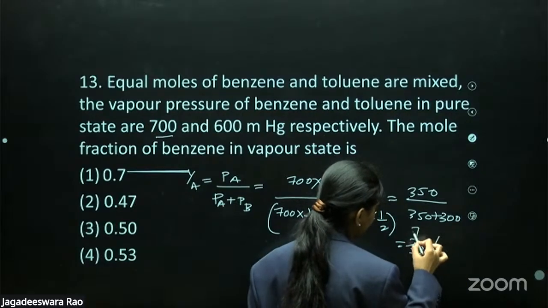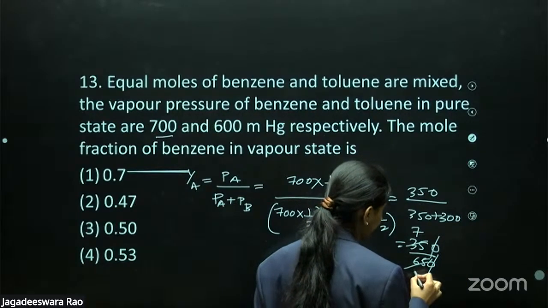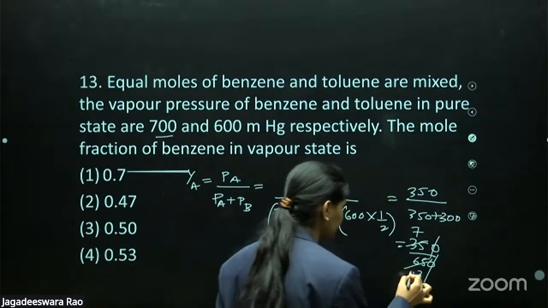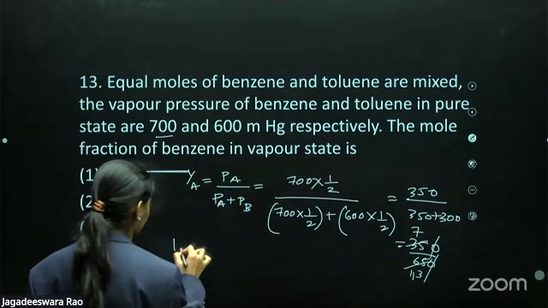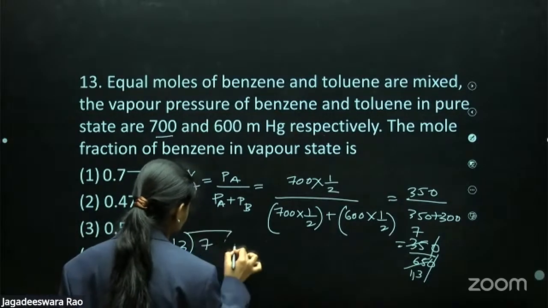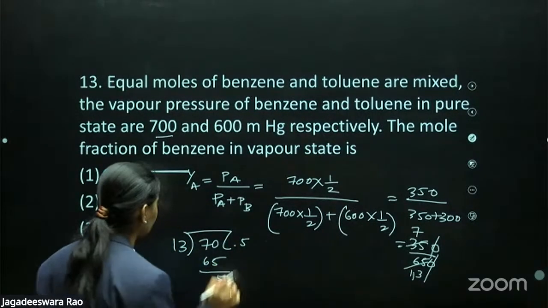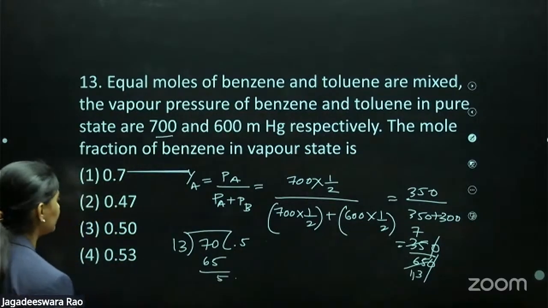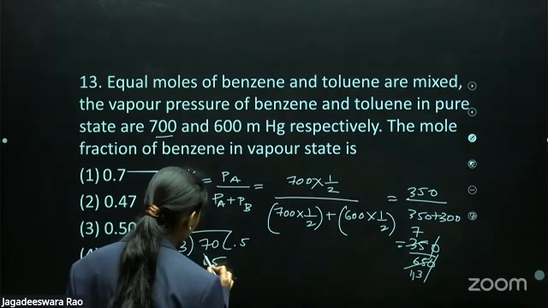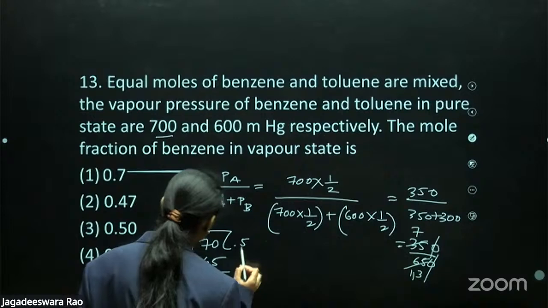Cancel. 5 sevens are 35, 13 5s are 65. So 7 by 13. 0.53, not 50, because 13 2s are 26, 13 3s are 39.